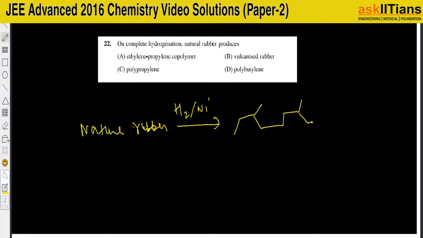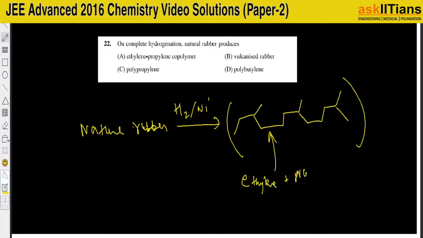Then it will keep repeating in this way. So this is the place where the double bonds have been reduced to alkanes. So when this compound forms in a polymeric way, it's actually an ethylene molecule plus a propylene molecule which comes into the picture.